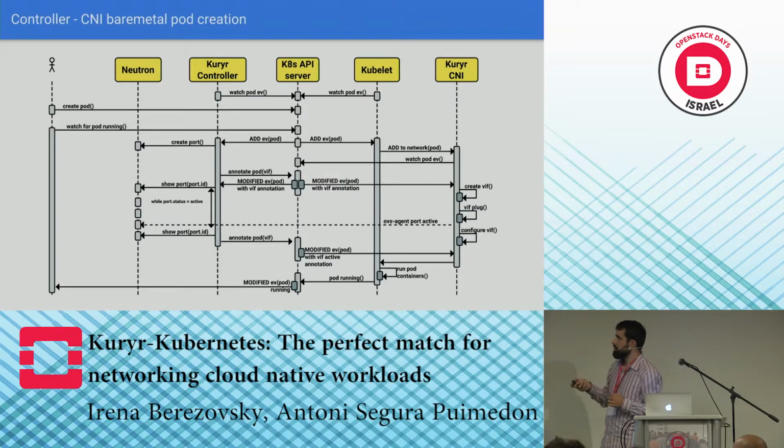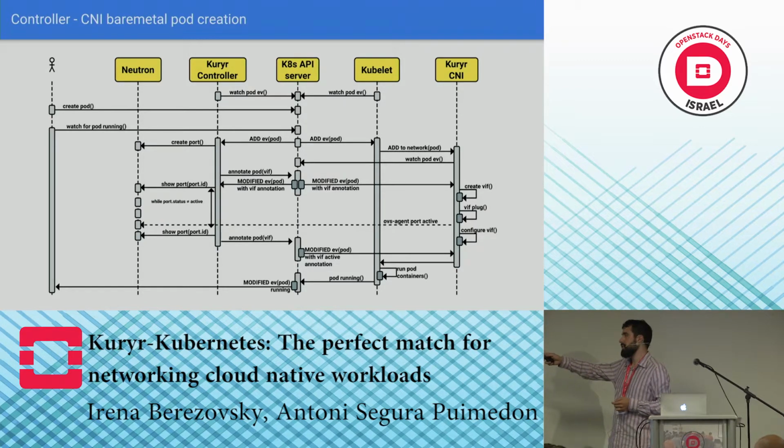So you can see that the Kuryr controller creates a port, and then it will be checking if it is active before it puts a further annotation of it being active. First, it will annotate that the port is not active because nothing has activated it, but the kubelet will have created the infra container for the pod, and it will have called our CNI for networking. Our CNI will connect to the Kubernetes API. It will try to watch for the content of the VIF.